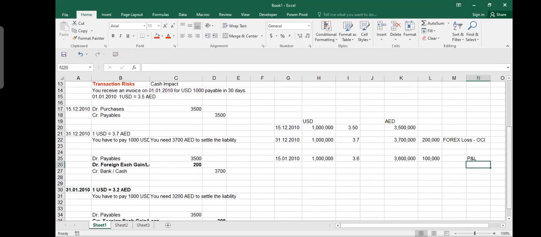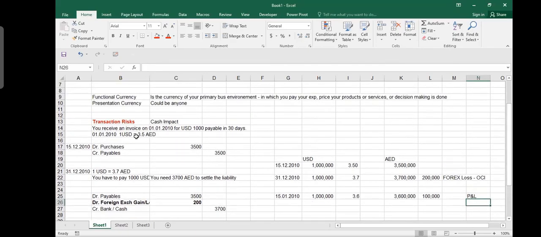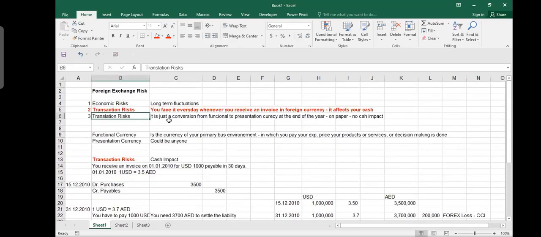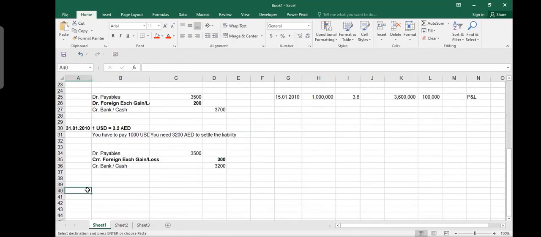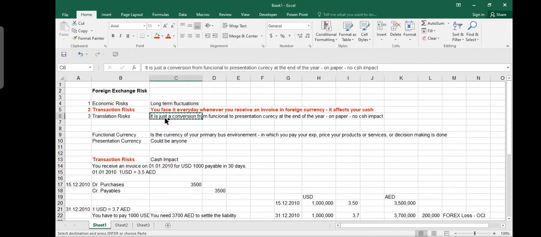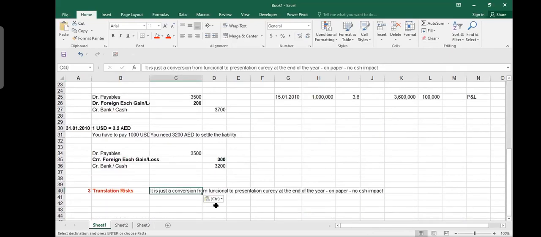So this was transaction risk. The third one, which you call translation risk. What is that? As I told you, it is just a conversion at the end of the year.